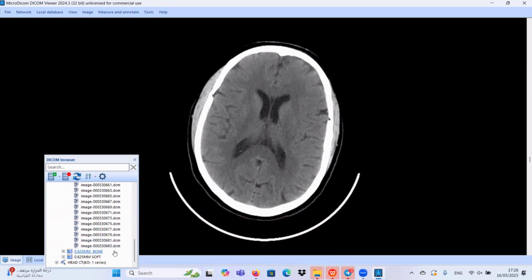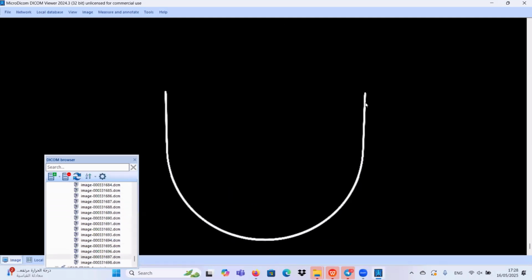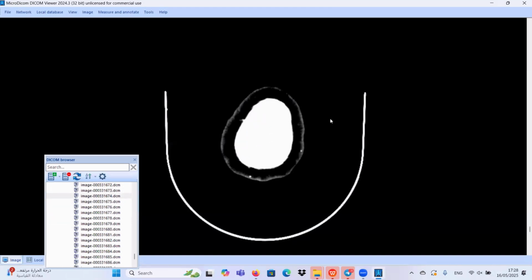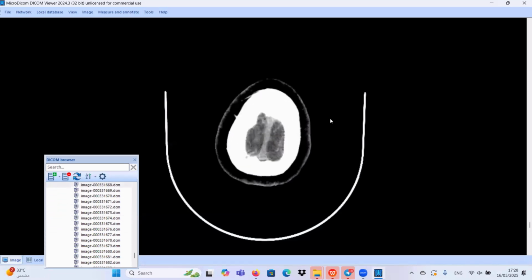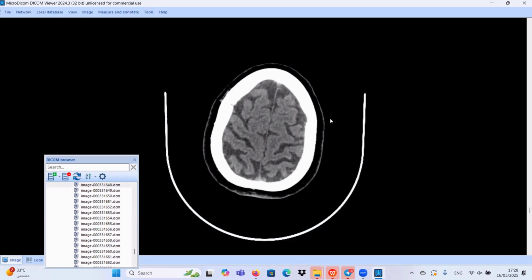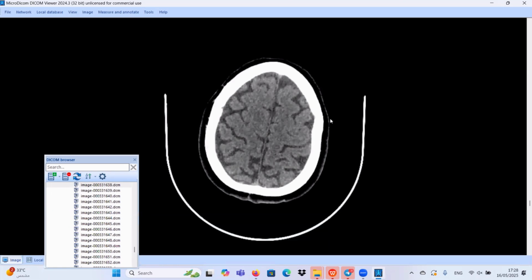This case is complaining of attack of vertigo. Can you scroll? Yes, sir, I can. Yes, go on. Sir, this is an axial CT of a patient complaining of an attack of vertigo, received in my emergency setting. It's not scrolling.